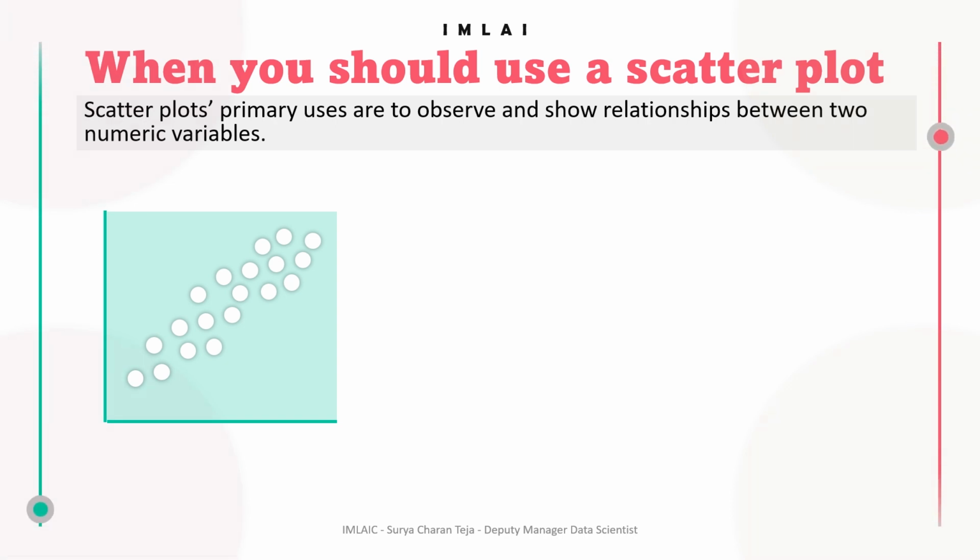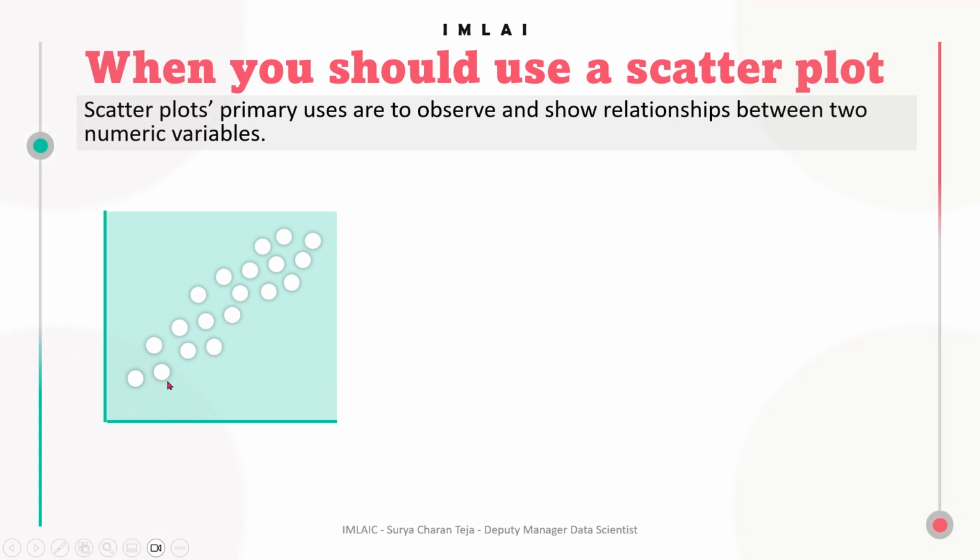The relationship between the variables can be described in many ways: positive or negative, strong or weak, linear or non-linear. Remember the words again: positive or negative, strong or weak, linear or non-linear. Always the dependent variable y is on the y-axis, and the independent variable is on the x-axis. Okay.